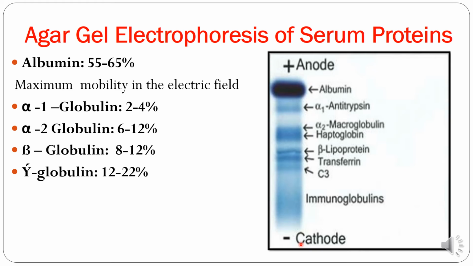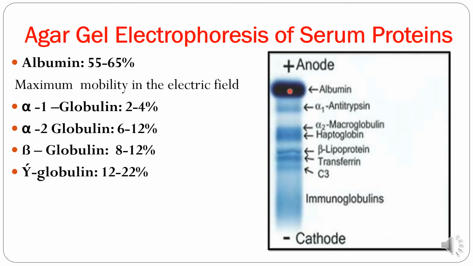So if we put the sample at the negative electrode, that is the cathode, and then we run the gel, the fastest molecule will be albumin, followed by alpha 1 globulin, then alpha 2 globulin, then beta 1, beta 2 globulins, and finally the immunoglobulins. So this is how the bands will separate.